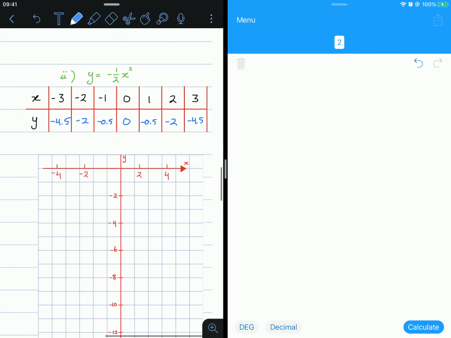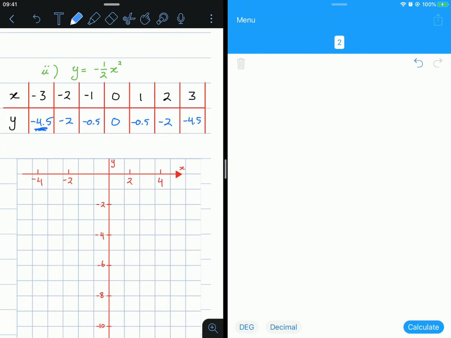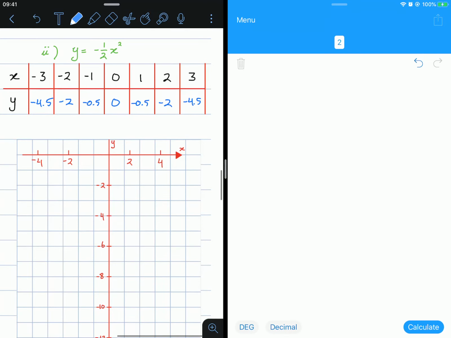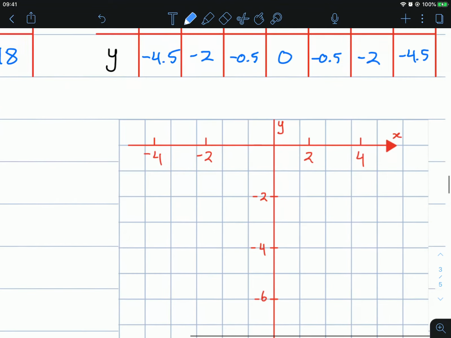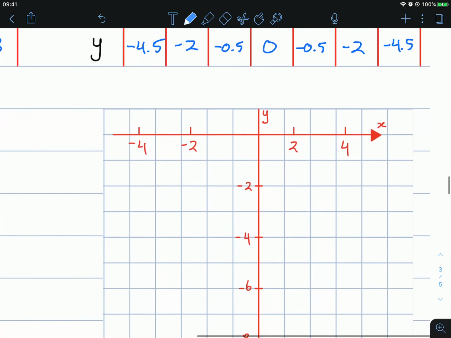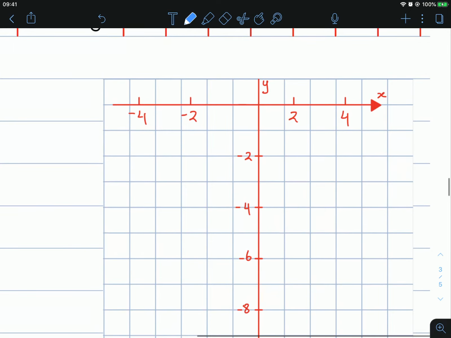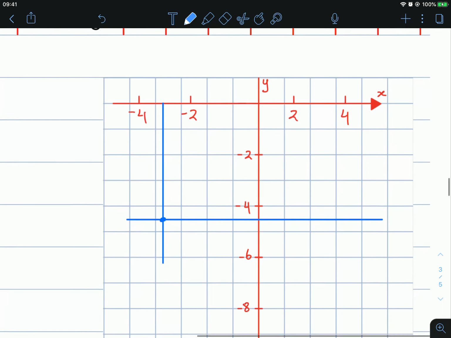You'll know that you've done it correctly if in your table of values it's matching on the opposite sides, as you can see here. Graphing these out, we will get 3, -4.5. 3 looks approximately here. That's 5, 4.5 would be here. In actual fact, we can do 2 at a time, going on either side like so.